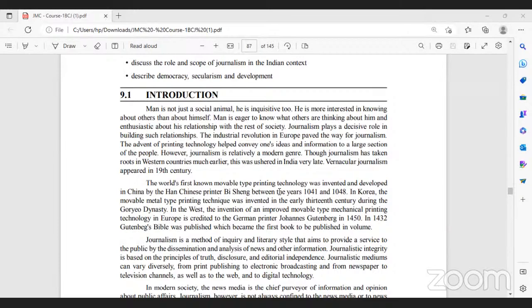In 1432, Gutenberg published the first book, which was the Bible.